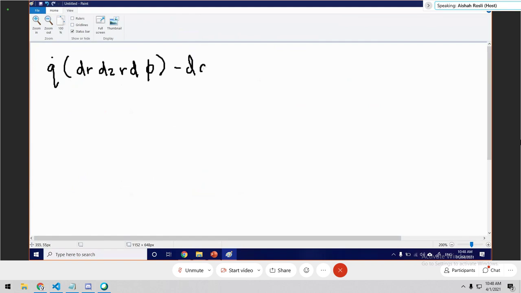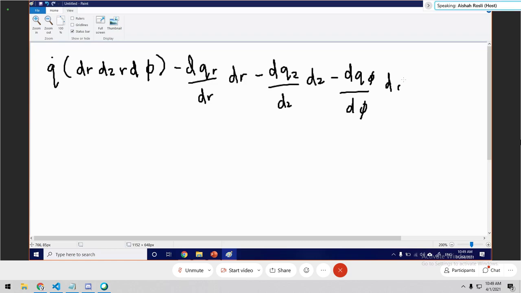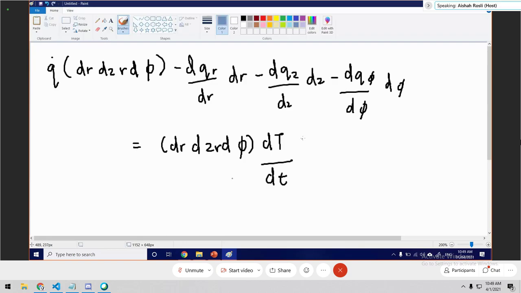So dqr dr minus dqz dz minus dq phi d phi, and then equals the volume dr dz r d phi times dT over d time. Okay, so we have actually isolated this temperature profile.